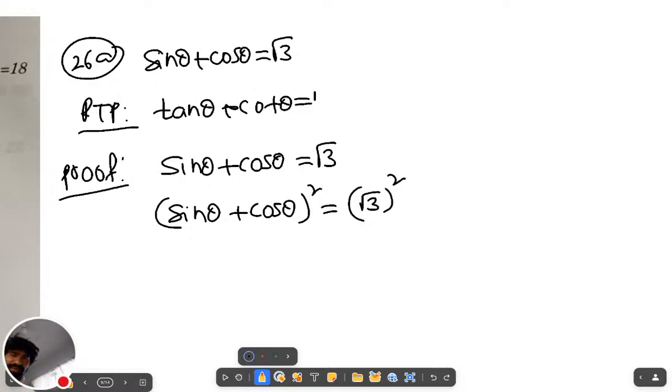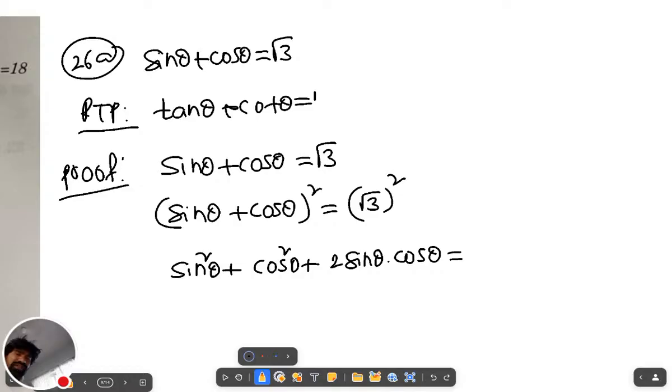Apply the a plus b whole square formula: a square means sin square theta, plus b square means cos square theta, plus 2ab means 2 sin theta into cos theta.